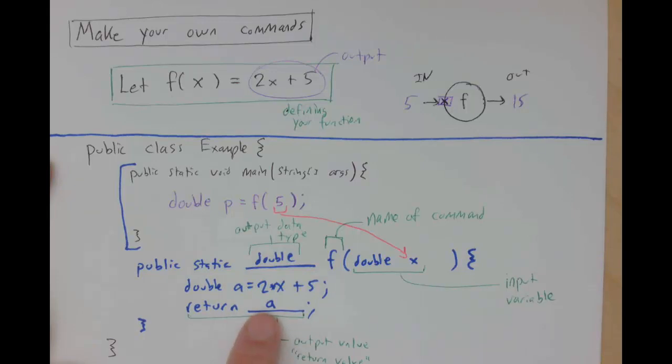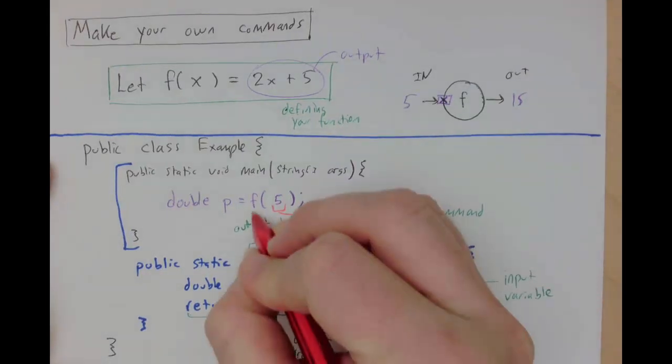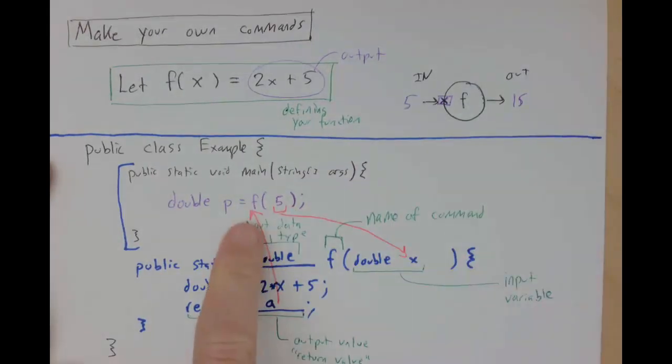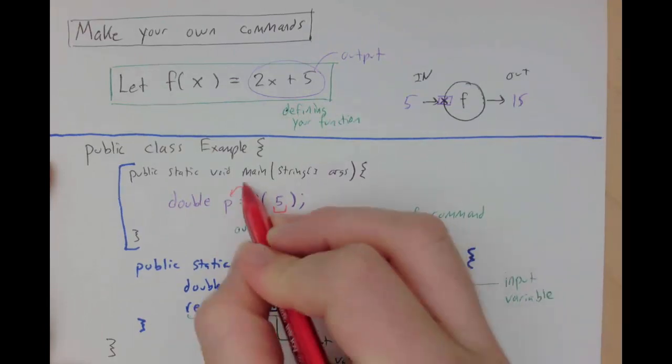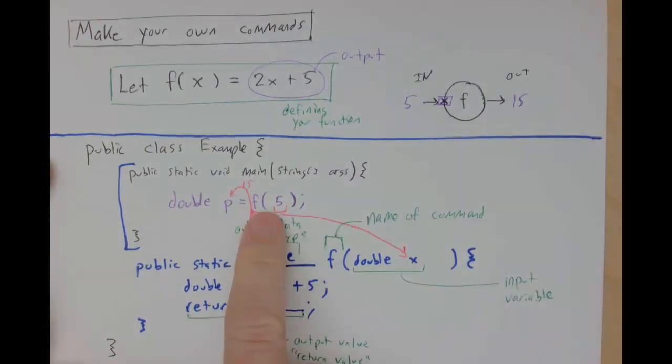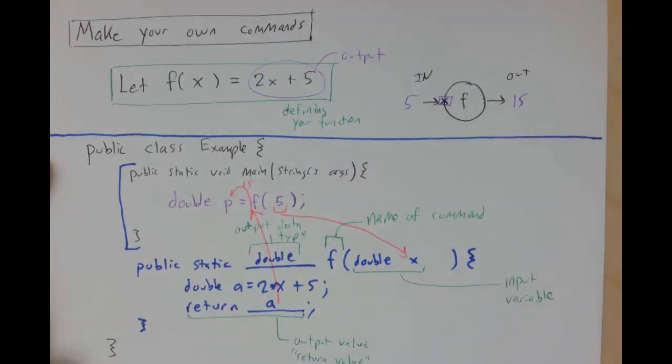So for us, this is the number 15. So the number 15 now is going to get sent back up here, and this entire expression gets replaced with the output value. So now we're assigning 15 to P, because what's on the right-hand side equals 15, and equal signs in Java mean assign what's on the right inside what's on the left.